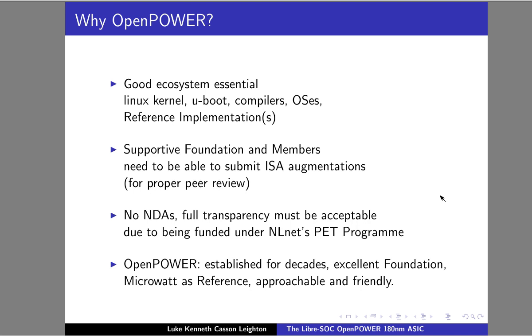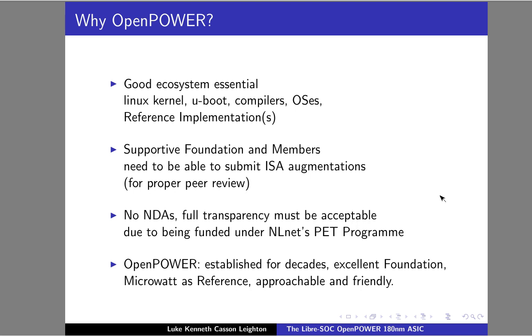You need a Linux kernel, you need U-Boot, you need compilers, you need operating systems, you need libraries for libm, libc6, and you need reference implementations. There's an extremely supportive foundation of members. You also need to be able to submit ISA augmentations for proper peer review, and that process is being set up as we speak. It's been ongoing for a long time, and it's just coming to fruition.